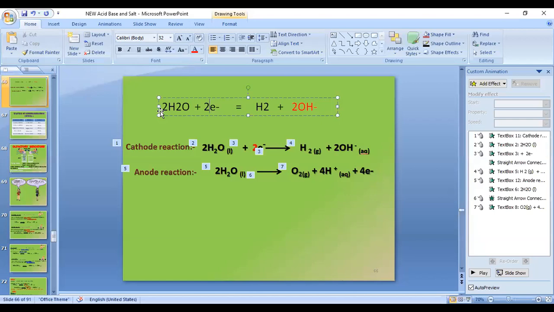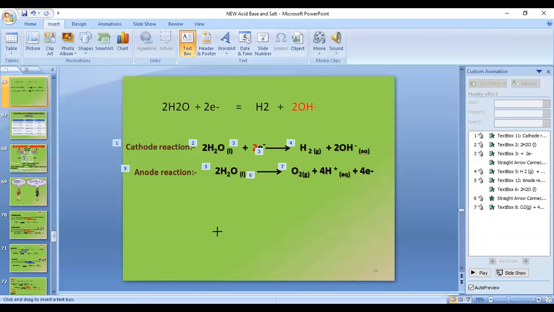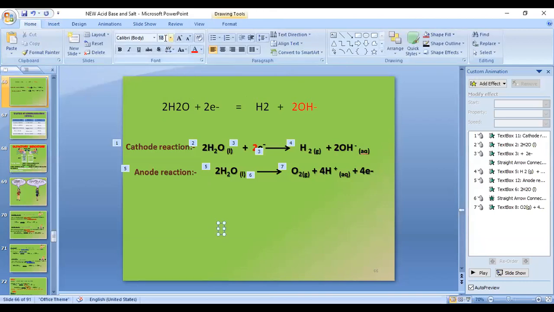Now, will you be able to do it for anode, or do you want me to help you? Try करो ना anode का. मैं सिर्फ equation लिख रही हूँ, तुम लोग try करो balance से. Yeah, you try. I'm just writing the equation.